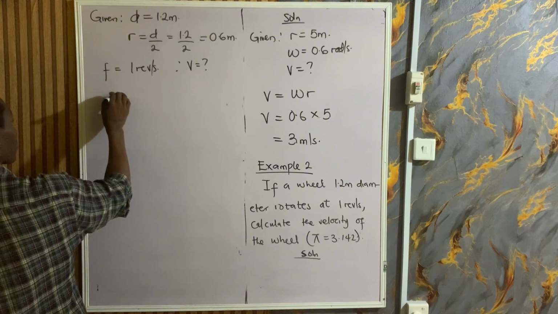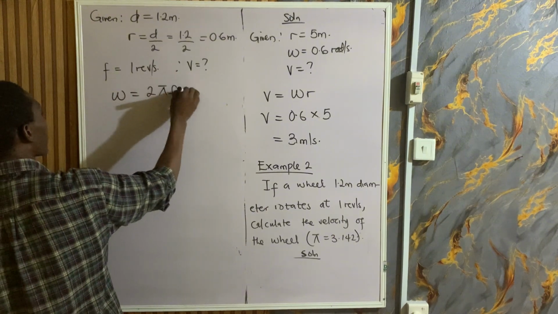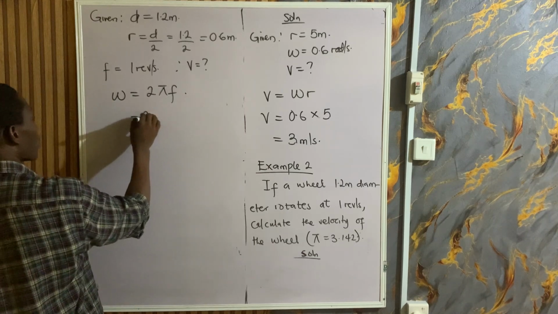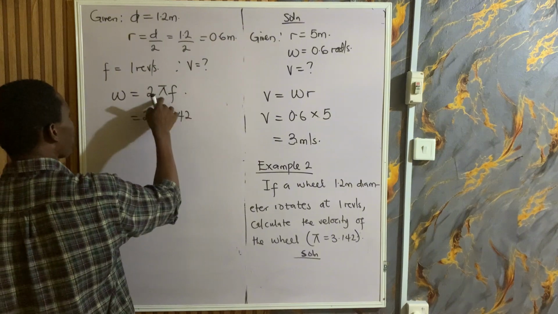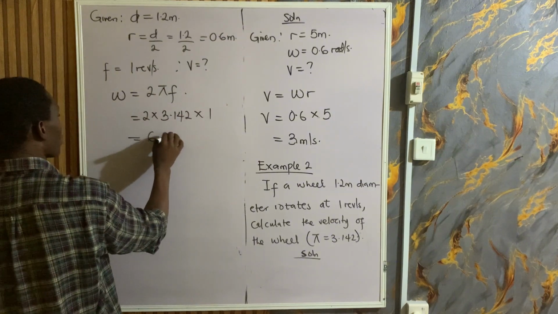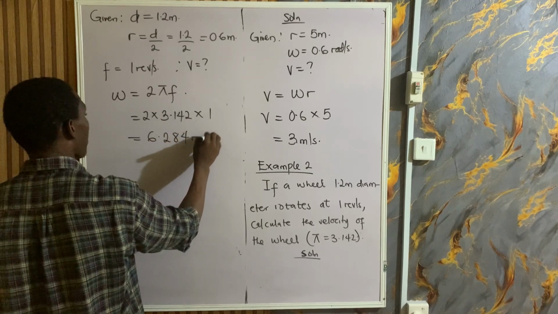We know angular velocity is omega, which is equal to 2 pi f in this case, since I have my frequency. So this will be 2 times 3.142, which is the value of pi, times frequency 1. This will give us 6.284 rad per second.